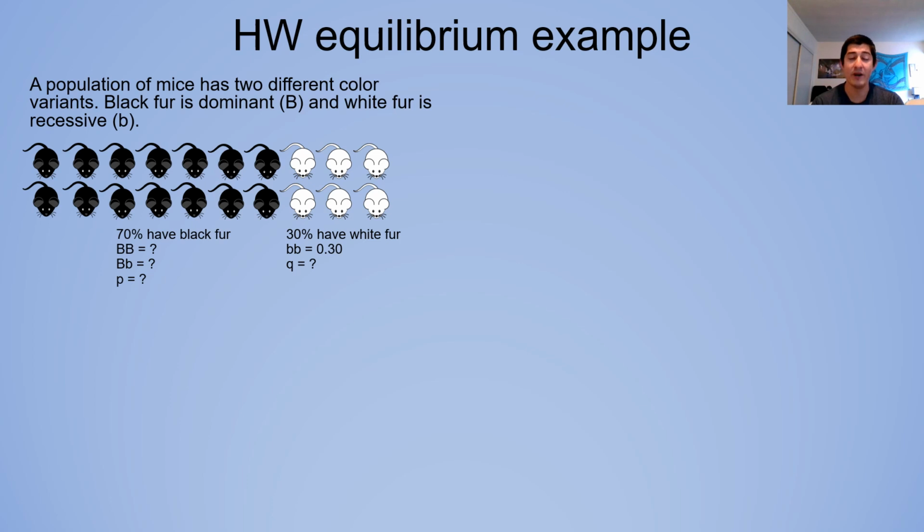30% of these mice have white fur, and because the white fur is the recessive gene, we know that the genotype has to be little b, little b. But we still don't know the allele frequencies, but using this Hardy-Weinberg equation, we can calculate them. So we have the original equation here, p squared plus 2pq plus q squared equals 1.